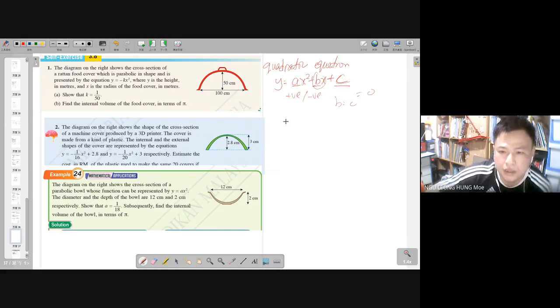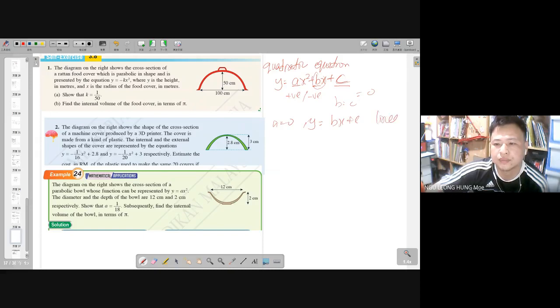Let's say a must have some value. If a is equal to 0, so no more quadratic. Because if a is equal to 0, y equal to bx plus c. This is linear. y equal to mx plus c. This is linear. So a must have some value. But b and c can be 0.